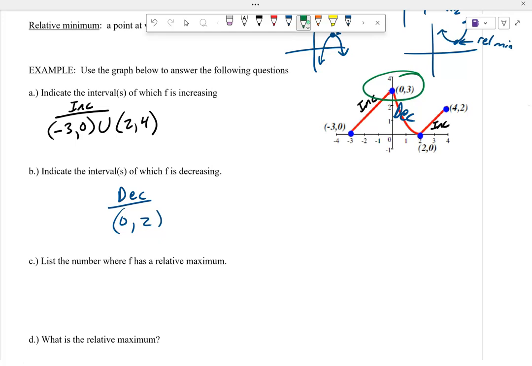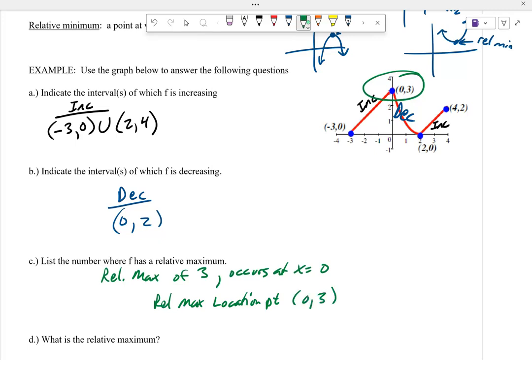So we have a relative max of 3. It occurs at x equaling 0. So the relative max location, if you're going to name it as a point, is the point (0, 3).